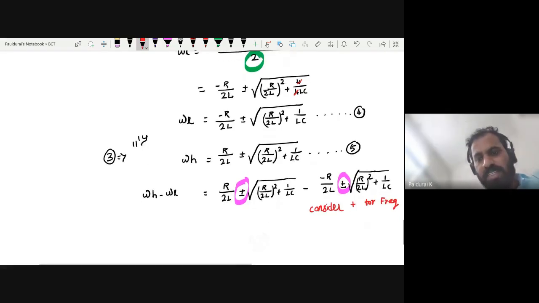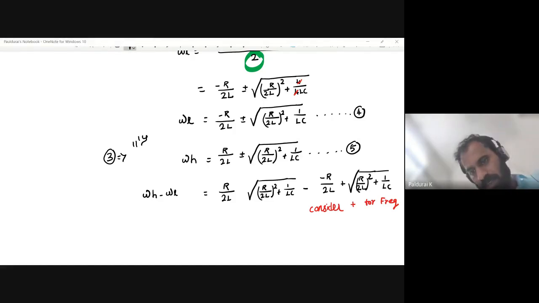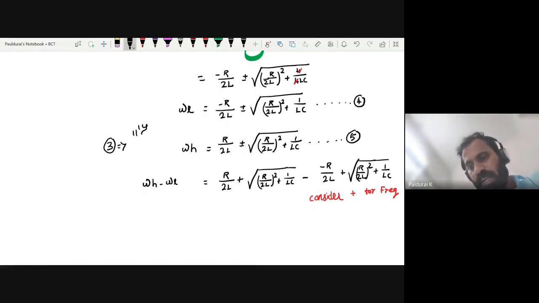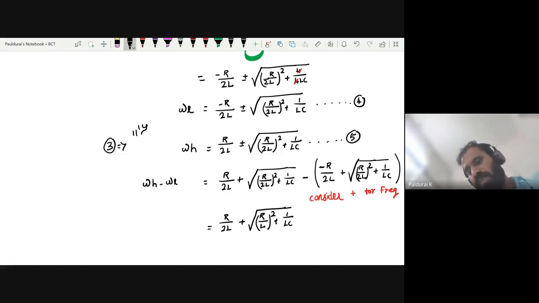So what will you get? Obviously you want to replace this by plus alone, only plus. So here also only plus. Consider only plus. This minus and this minus becomes plus, right? So now this is minus of these things. So now what will happen? R divided by 2L plus square root of R divided by 2L the whole square plus 1 by LC, this is my omega H. Minus of this minus becomes plus R divided by 2L.